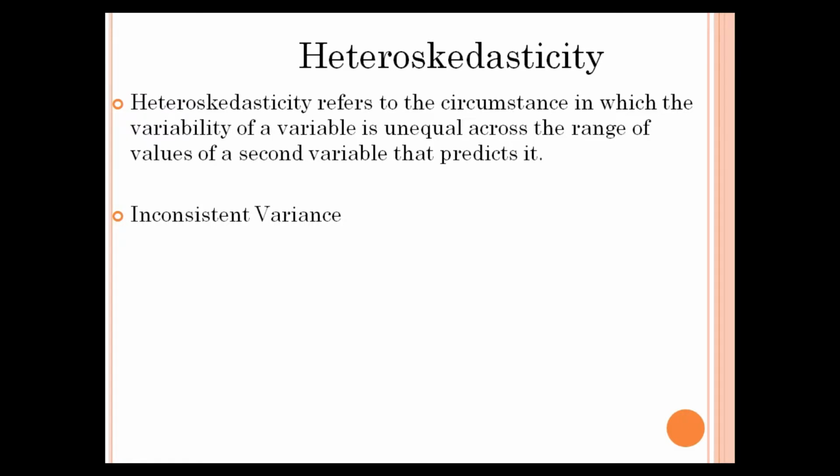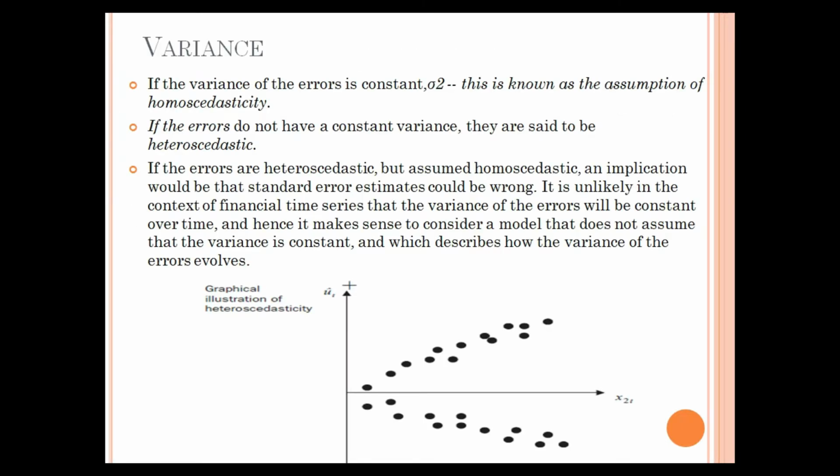Now we should come to heteroscedasticity. What is heteroscedasticity? Heteroscedasticity refers to the circumstance in which the variability of a variable is unequal across the range of values of a second variable that predicts it. Basically, it talks about inconsistent variance, where variance increases over time.